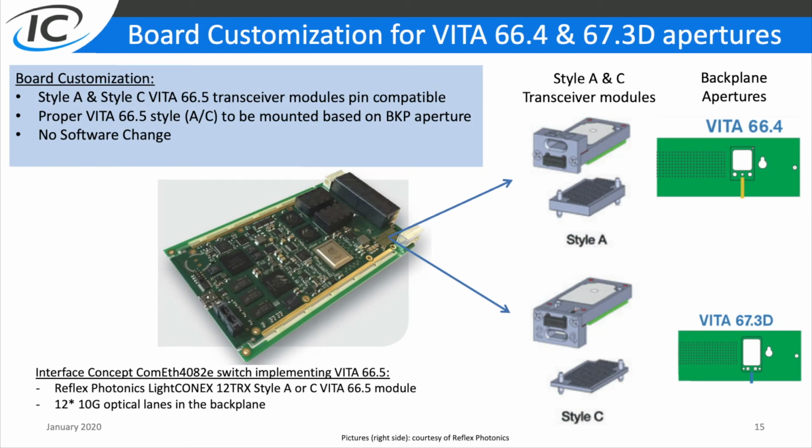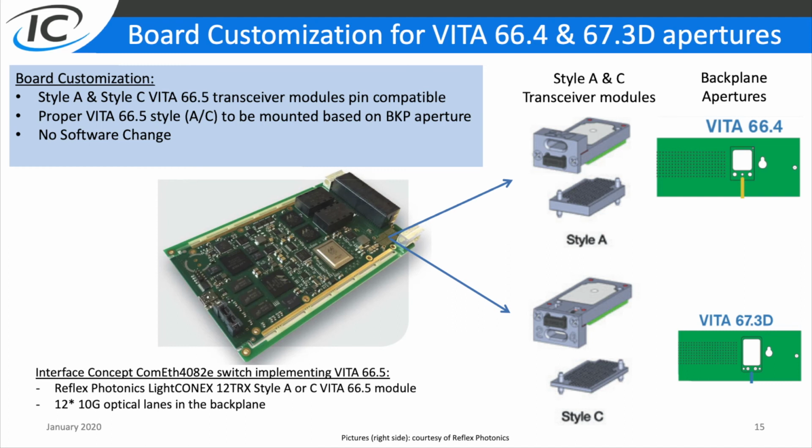Finally, one last benefit is the fact that it is reasonably easy to customize a board to adapt to different backplane apertures. This is based on the fact that the 66.4 and the 67.3D apertures can be matched with style A and style C transceiver modules that are pin compatible, and not only pin compatible but also use the same optical transceiver.